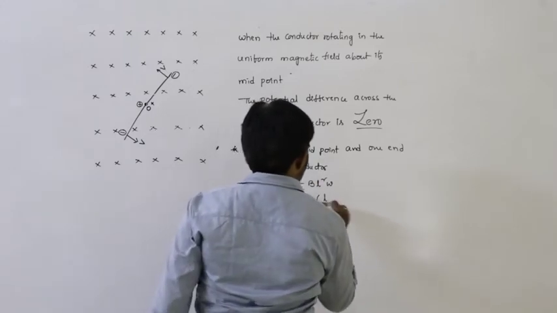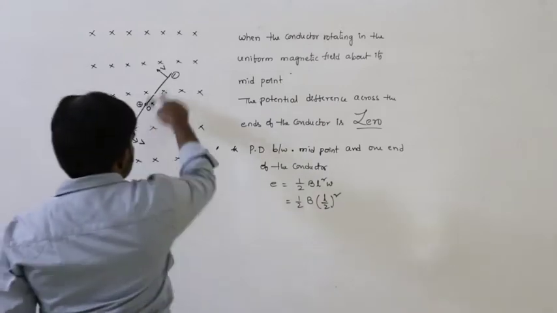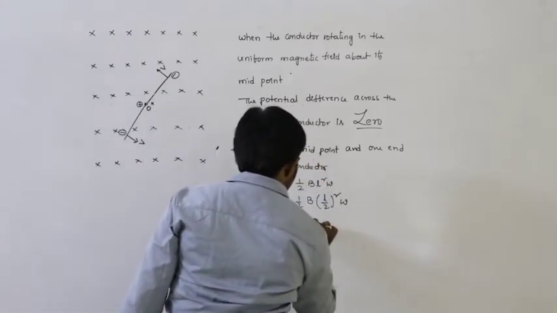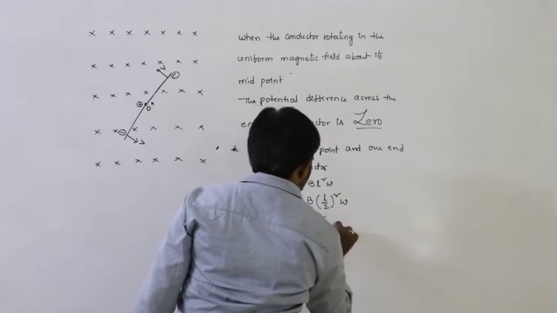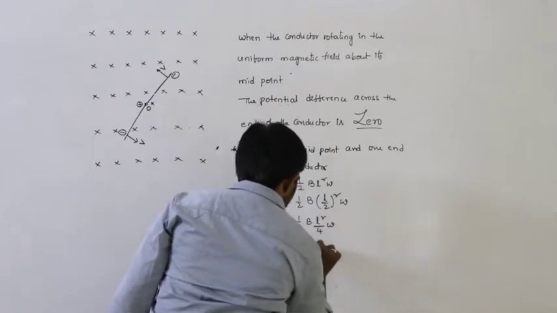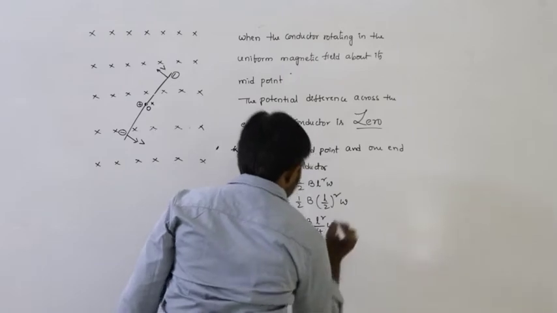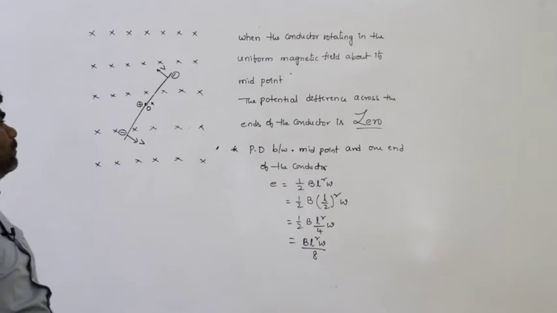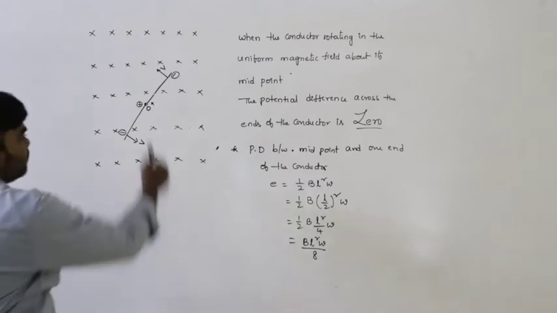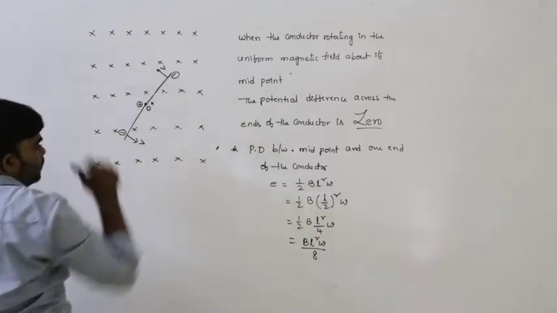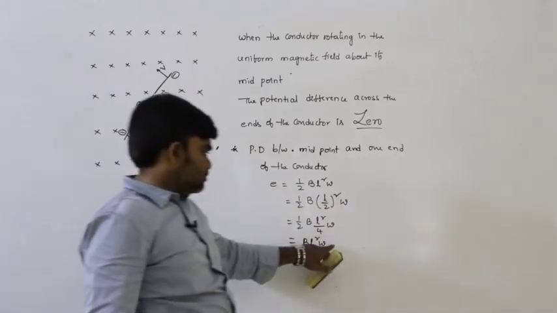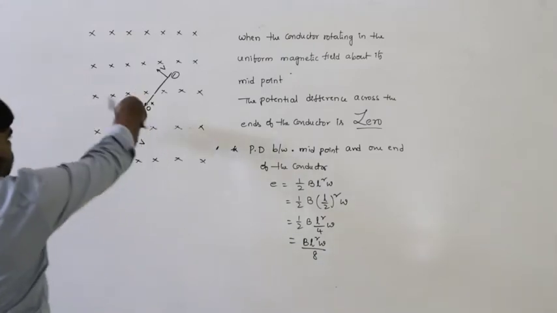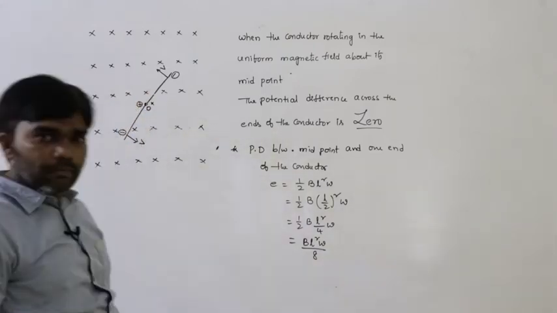L by 2, because it is rotating about its midpoint. So half B (L by 2) whole square omega, that is half B L square by 4 omega, so that is B L square omega by 8. The potential difference between the midpoint and one end of the conductor, from here to here or here to here, is B L square omega by 8. So this is the motion of the conductor about its midpoint.